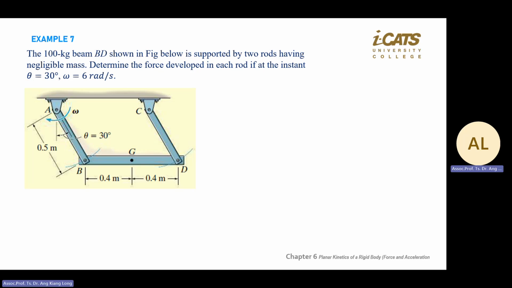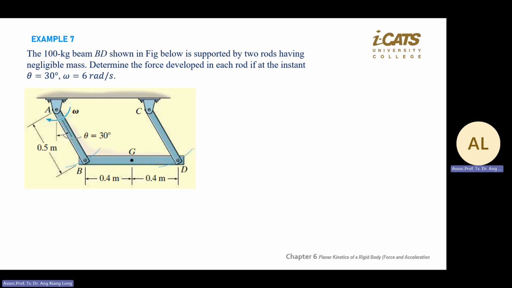What about the pin? As long as it is not able to move, there's a resistance. So there are two forces at pin A because it's not able to move left and right, or up and down. You can just assume it's going this way and this way. We always assume positive, but if later you get negative, you just flip the sign in your final answer.